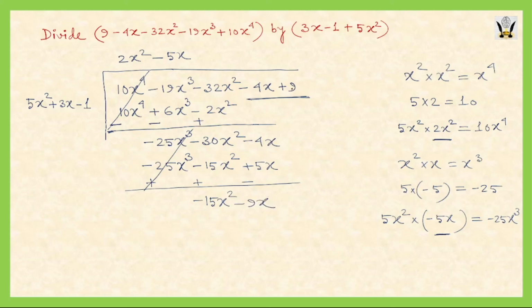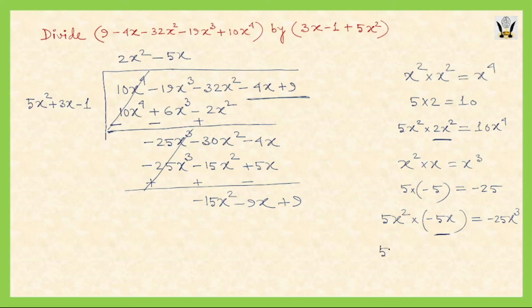Then we have another term here left to be used, so it is plus 9, that will come down here, and then again it is minus 15x square and 5x square. So x square and x square, the power of the variable is the same, so we don't have to multiply by any other term. But here the constant coefficients are different.